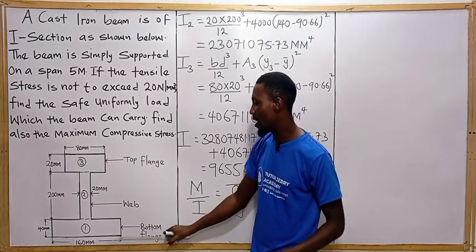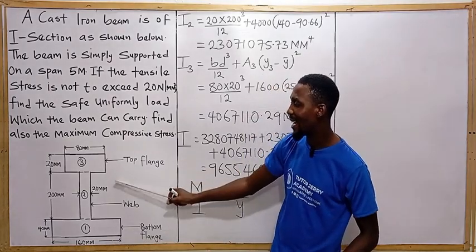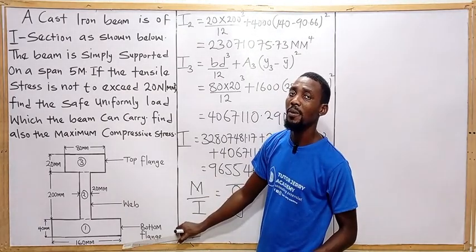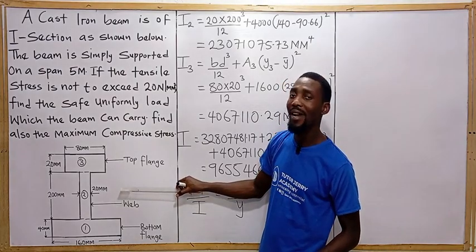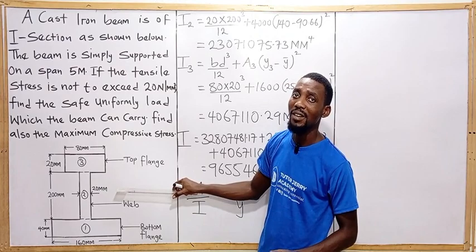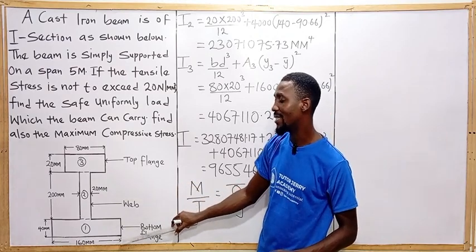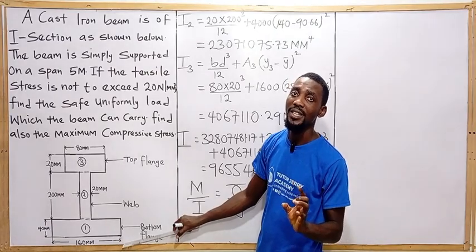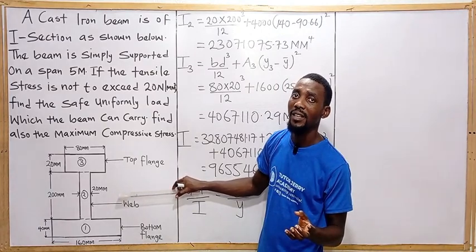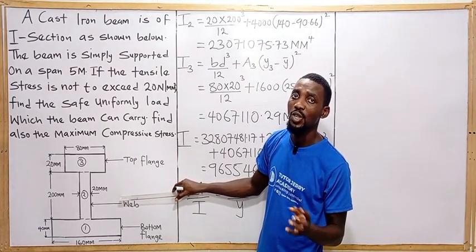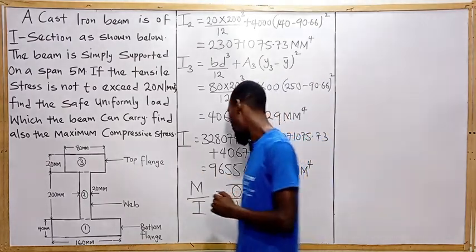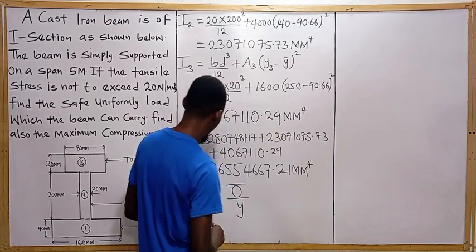So if you draw the stress distribution diagram for this I section, from the bottom part to where we have our center of gravity is going to be tensile, while from the neutral axis to the top part is going to be compressive. All right, so take note of what we have here.